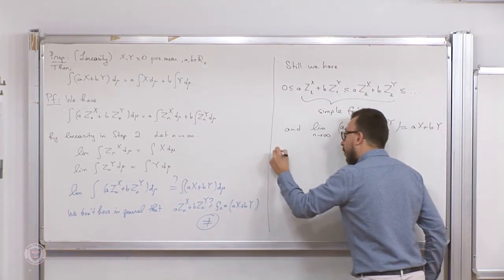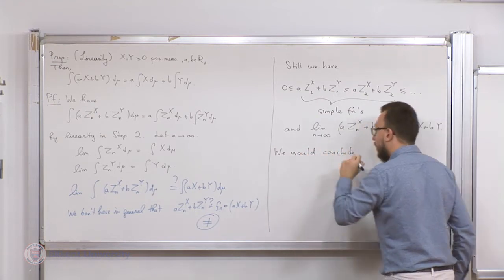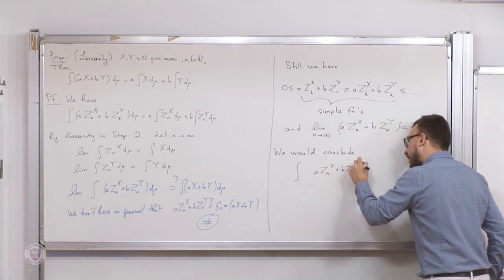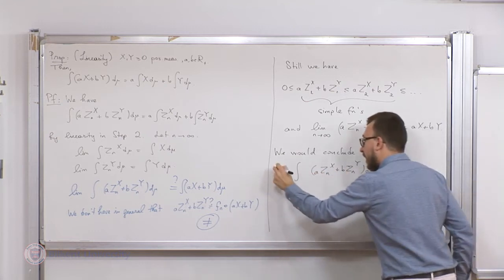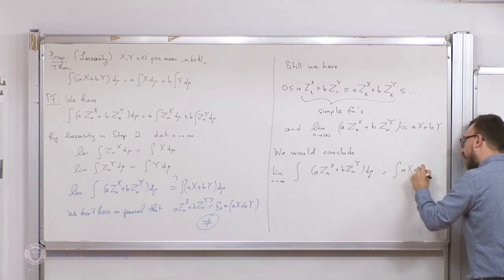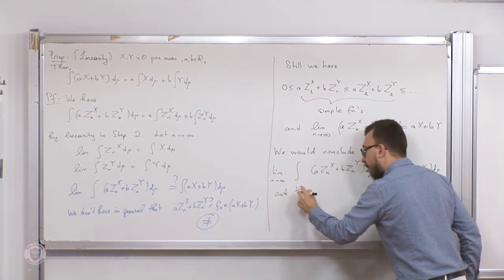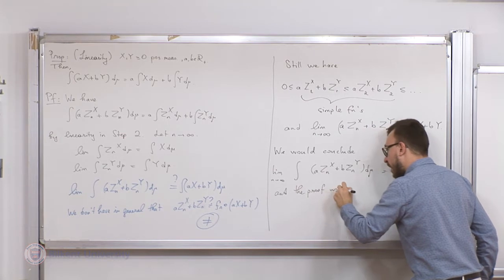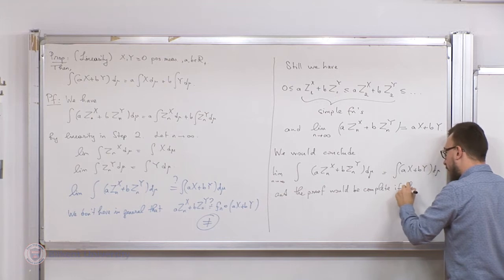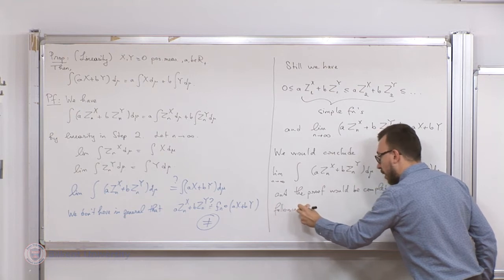So we would conclude that the integrals of these approximations converge to the integral of ax plus by, and the proof would be complete if we had the following theorem.